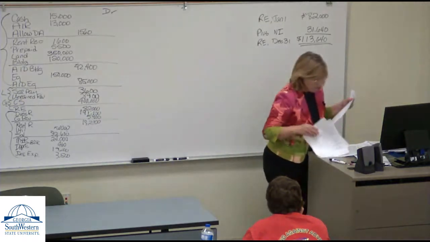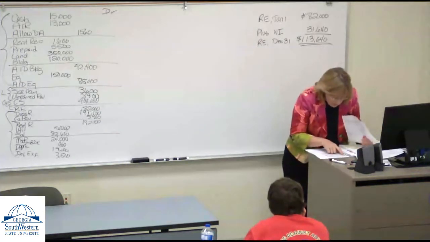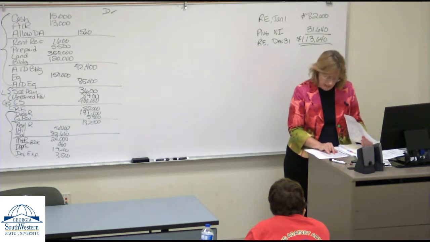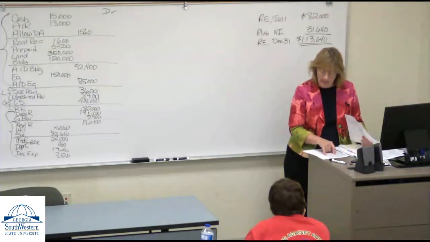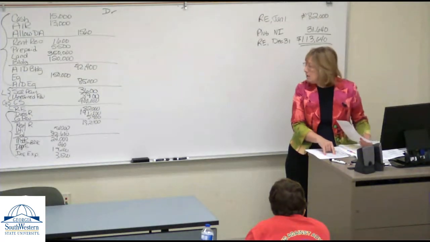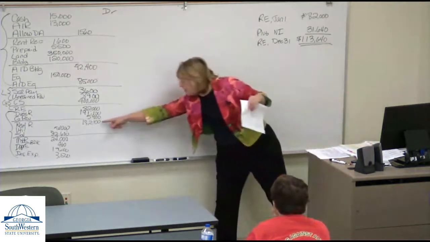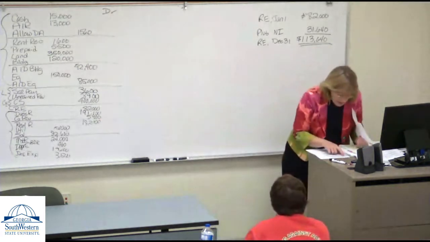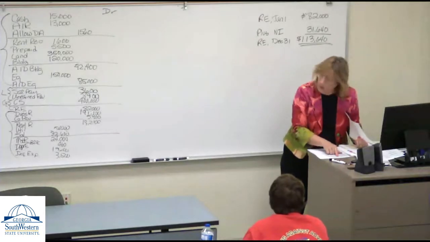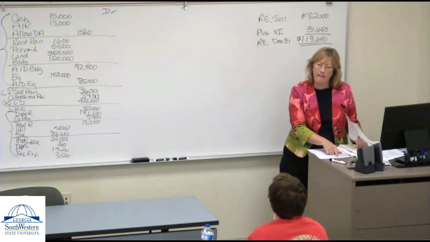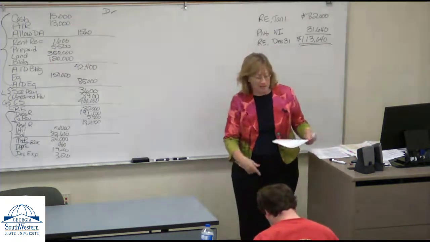December's not been recorded. Rent revenue was 17,600, and we're going to add in 1,600 to get 19,200. Rent receivable is a debit of 1,600.